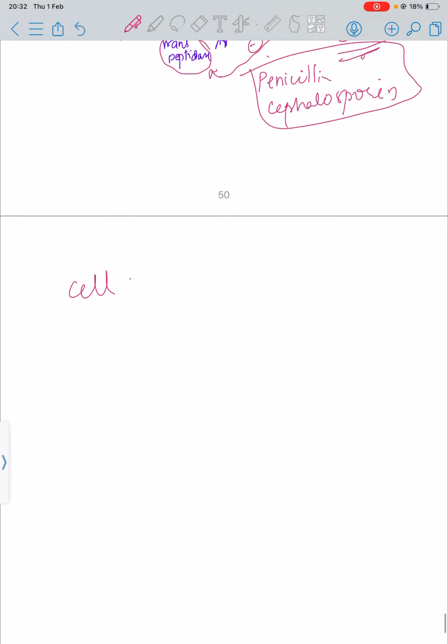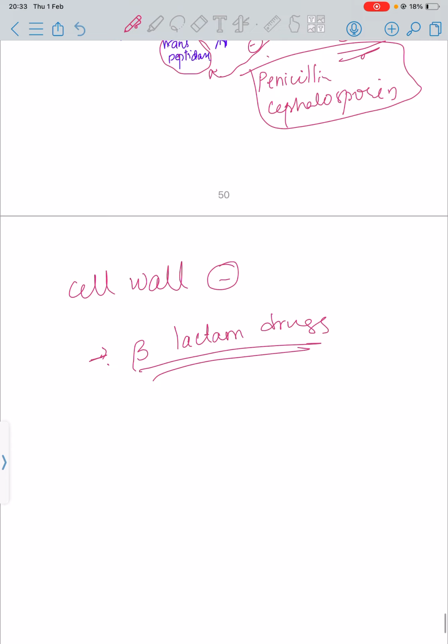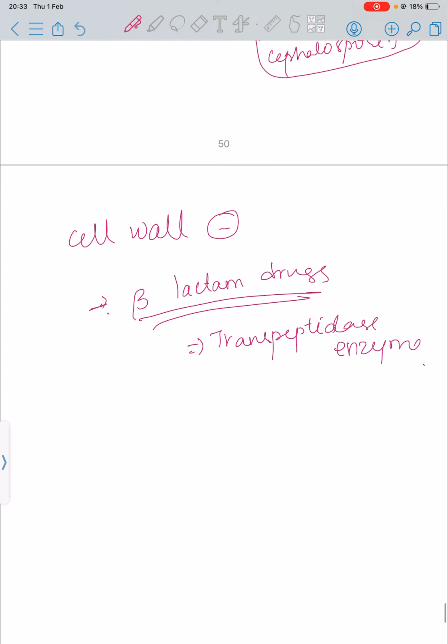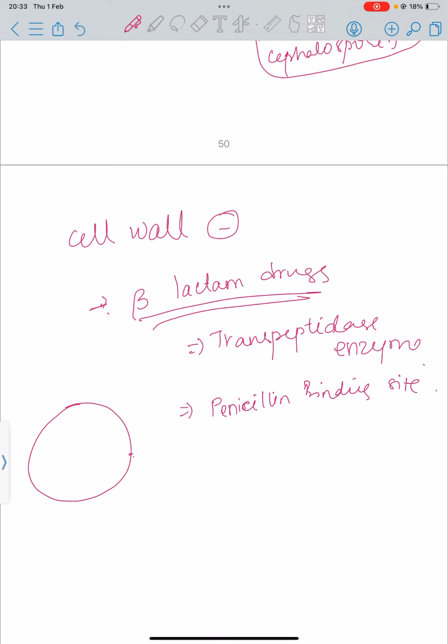Talking about cell wall inhibitors, beta lactam drugs are nothing but penicillin, cephalosporin, which target the transpeptidase enzyme. They also inhibit or bind to the penicillin binding sites. There are certain sites in the bacterial cell wall like penicillin binding sites.